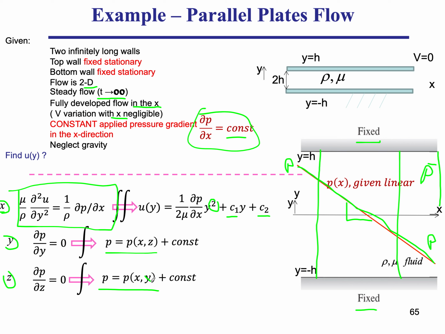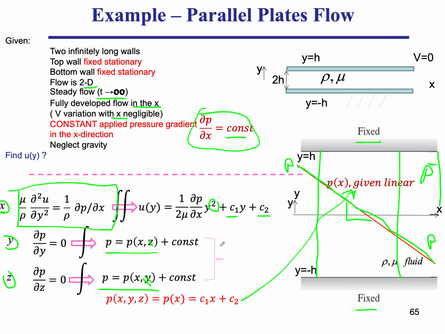But this equation tells me that the pressure is not a function of z, and this equation tells me it's not a function of y. So because they're the same pressure, we get rid of the z and we get rid of the y. They only tell me that this is a function of x, which is what we knew all along, that the pressure is linear in x, and that's the equation that is provided over here to be linear. So we didn't really discover anything new.